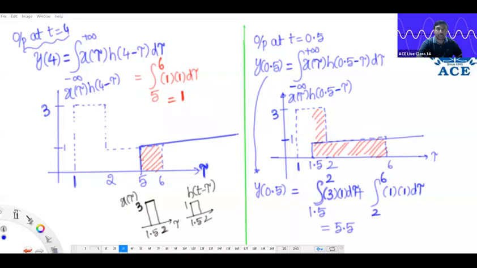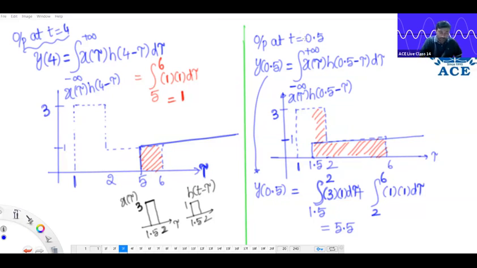First, you have to decide which signal you want to fold and shift. At 5 it will come to 0, Mr. Mohammed.